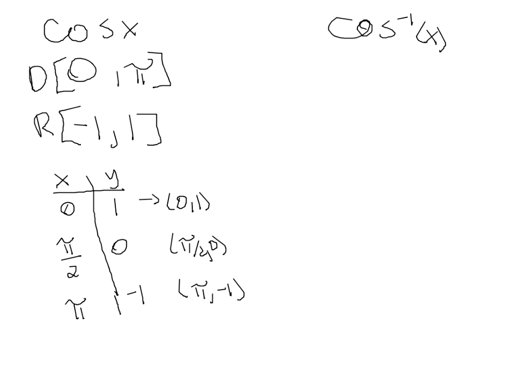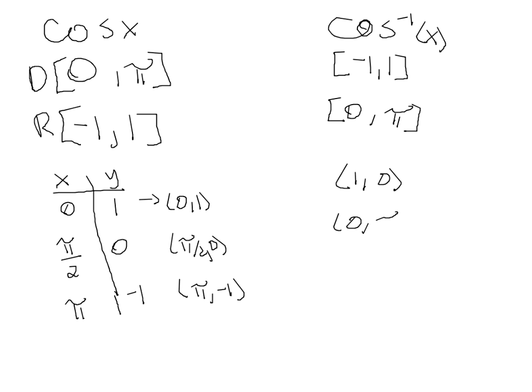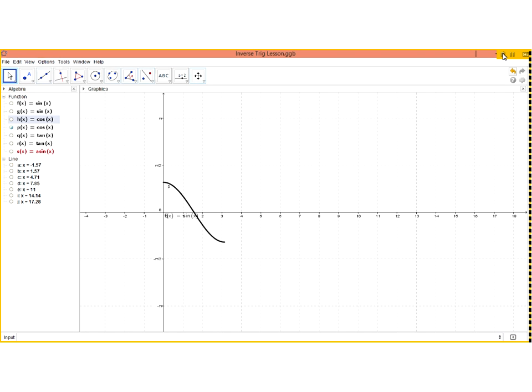When I deal with cosine inverse, my domain becomes -1 to 1, and my range is 0 to pi. The 3 points of interest, switching the coordinates, are 1, 0, then 0, pi over 2, and -1, pi.